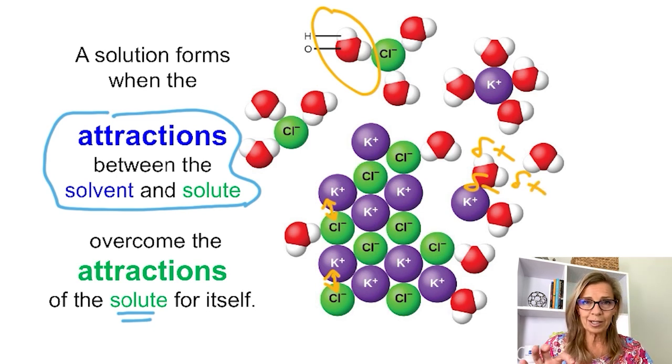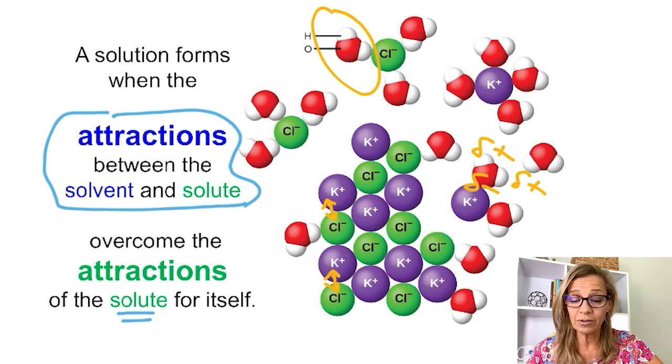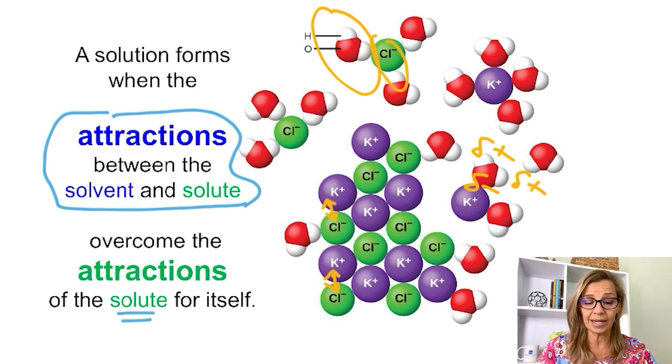And so it acts like a little magnet. It's attracted to the oppositely charged particle. And so the oxygen end is attracted to the potassium, and then similarly the hydrogen end is attracted to the chlorides. And so the water molecules attract those ions with a greater force than those ions attract each other. And boom, there you have a solution.